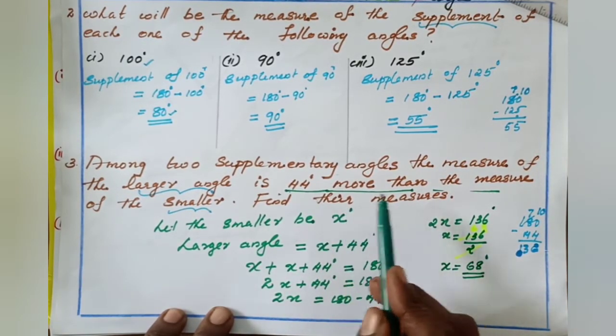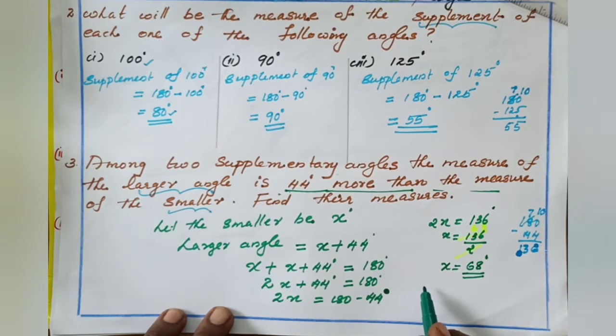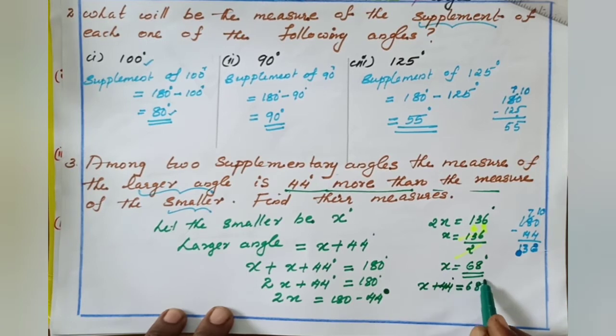Find the measures of two angles. So larger angle is x plus 44 degree, that is 68 degree plus 44.